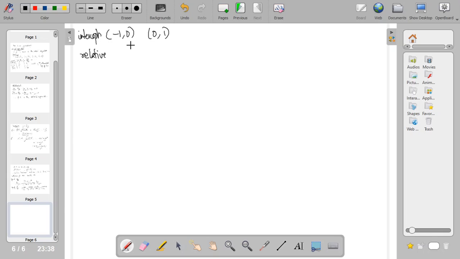So you have a relative maximum at root 3. When x equals root 3, let us find the function value.